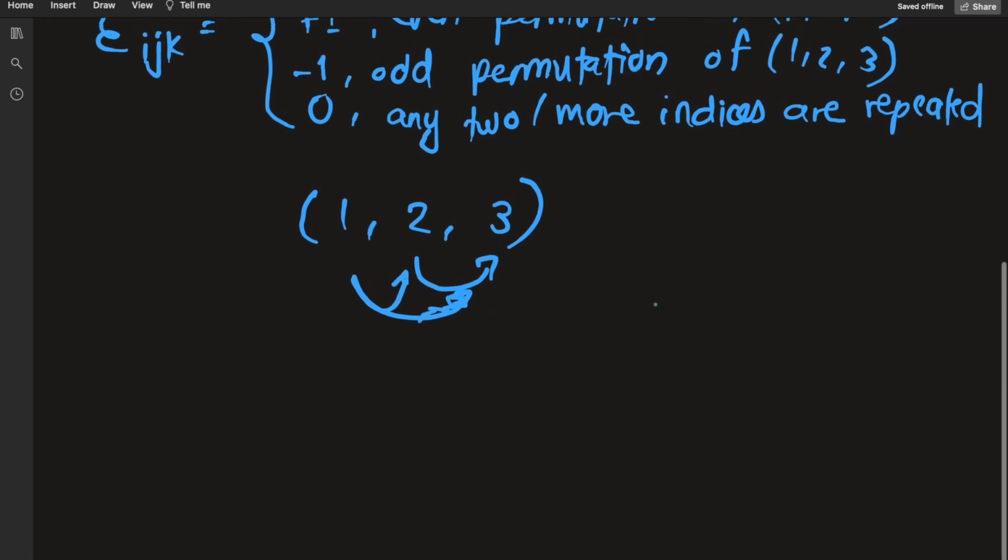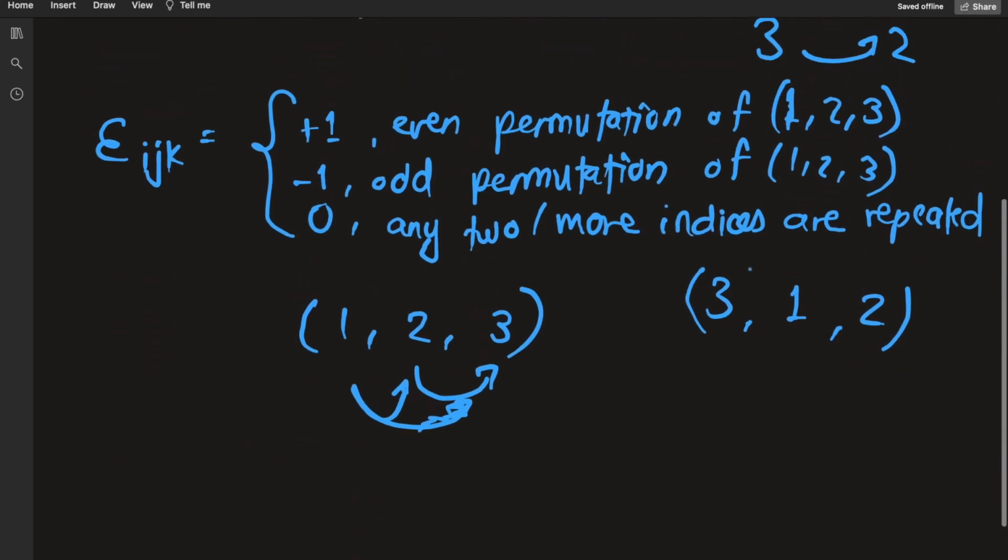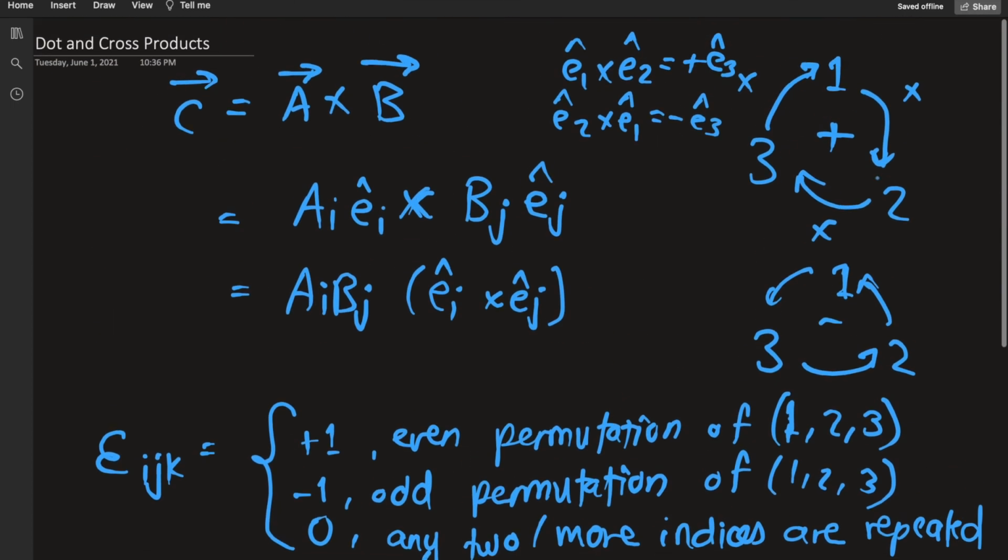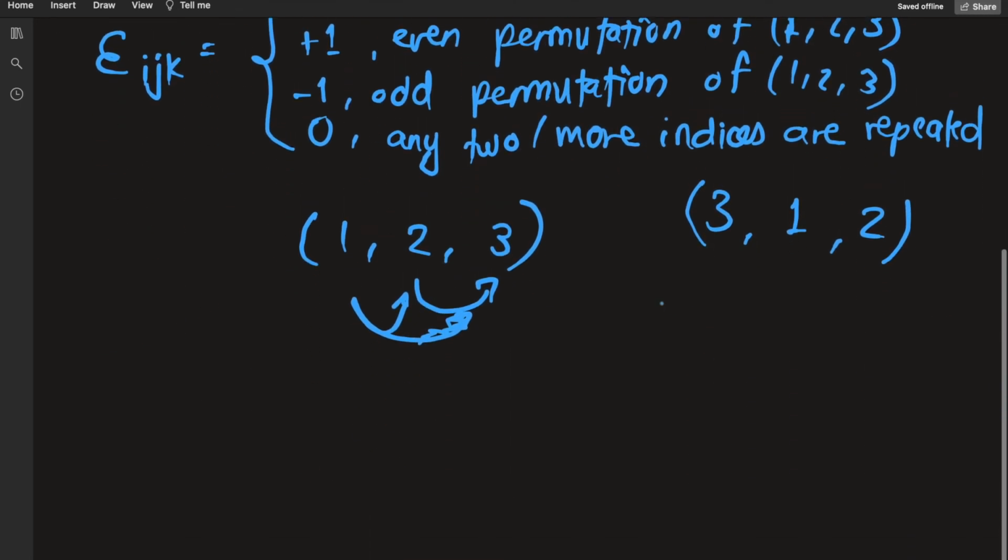So when you do that, 2 replaces 3, 2 here, 1 goes here, and 3 goes here. That's an even permutation, and you see it kind of aligns with this idea of this numerical cycle order. So even permutation is like 2 steps, 2 shuffles.